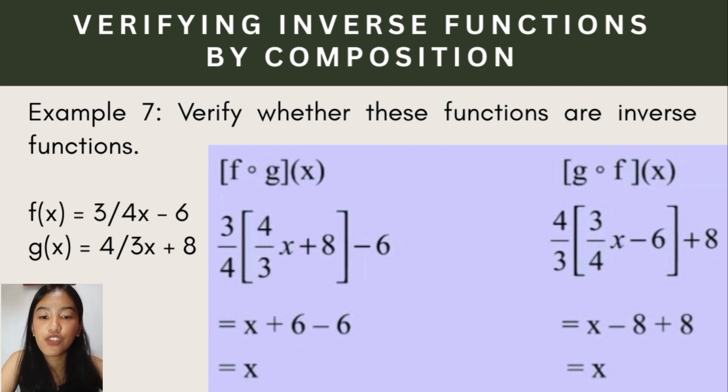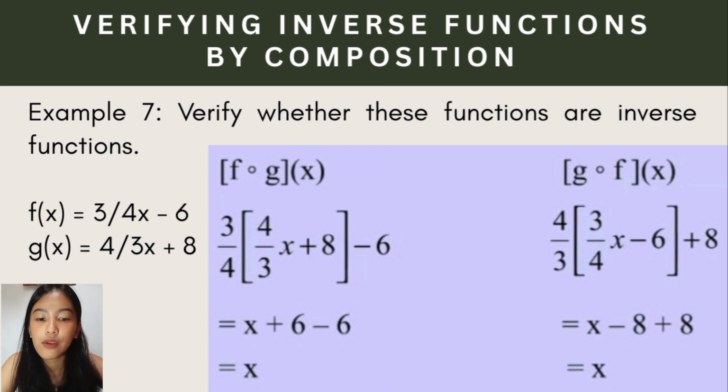Next is g of f of x. So g of f of x, you will have to put f of x inside of g of x. You will replace the value of x by 3/4 x minus 6. So you will obtain 4/3 times 3/4 x minus 6 plus 8. So makancel gihapon.